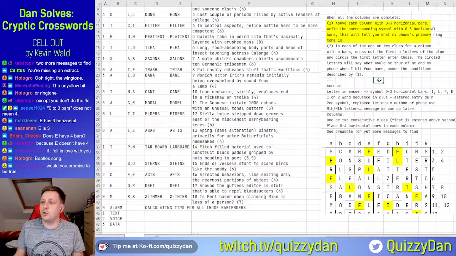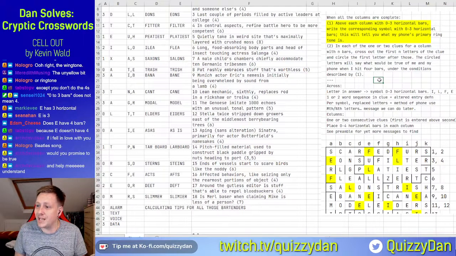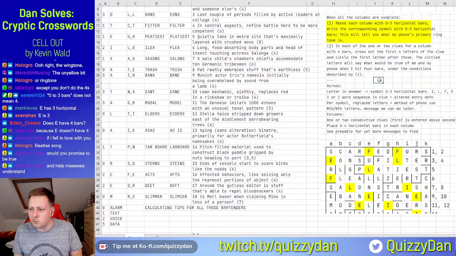In each of the one or two columns for a column with n bars, cross out the first n letters of the clue and circle the first letters after those. The circled letters will say what would be true of me and my phone when I hit 4 bars under the conditions described by 1.